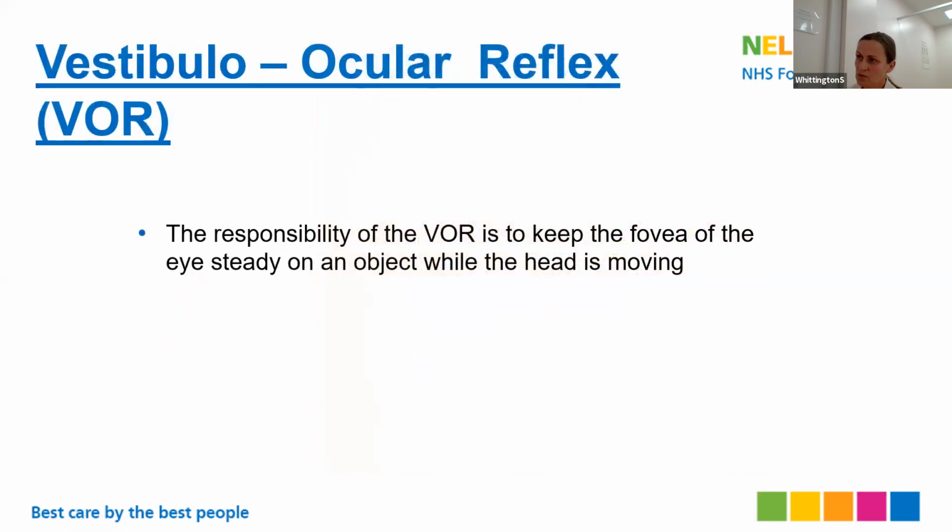The next important thing to talk about is the vestibular ocular reflex. This reflex is responsible for keeping the eyeball steady when our body is in motion. So, for example, if you focus on something on the screen now or somewhere else, and turn your head over to the left, you will find that your eyes automatically go the opposite way.